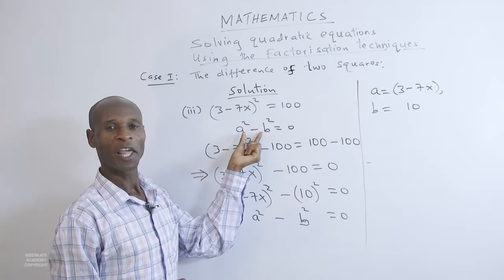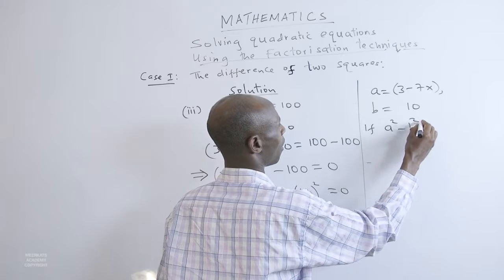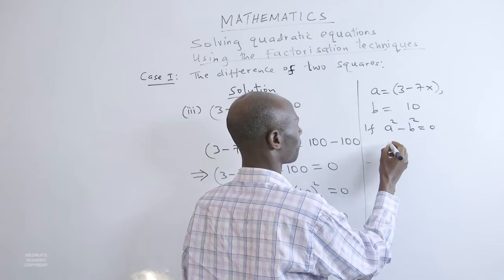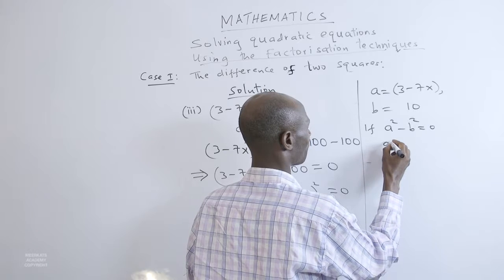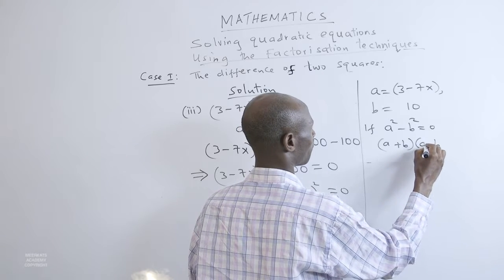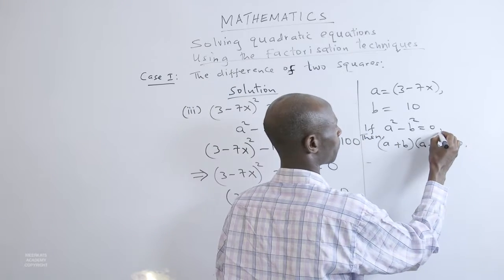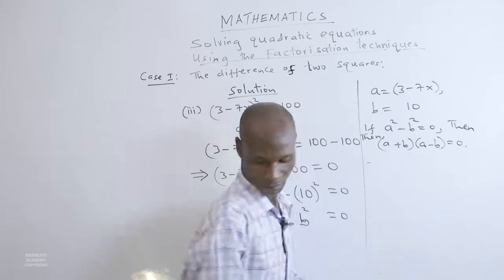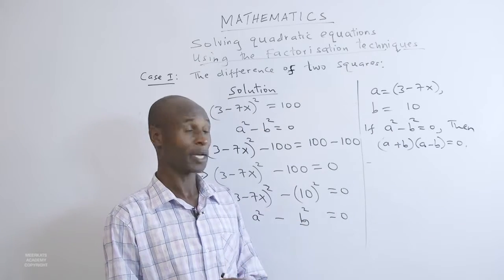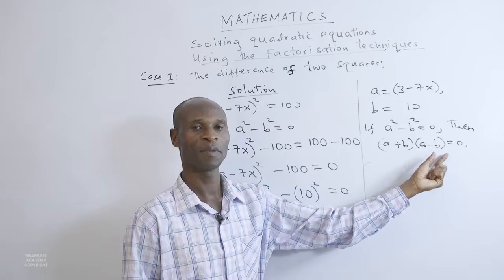From the knowledge of a difference of two squares, we said if a squared minus b squared is equal to 0, then we have these two linear factors, a plus b times a minus b is equal to 0.